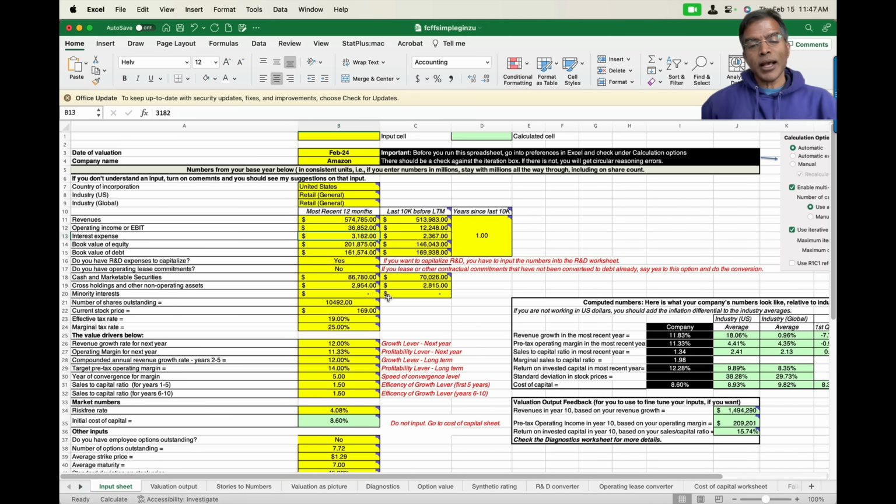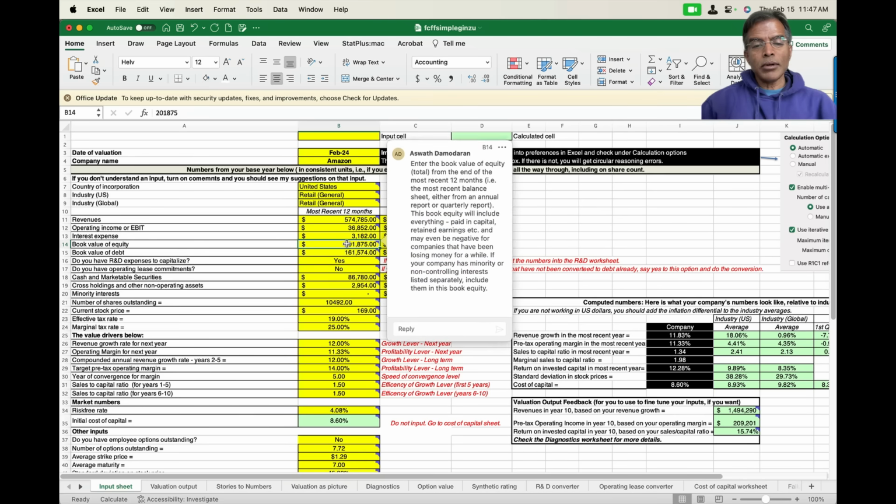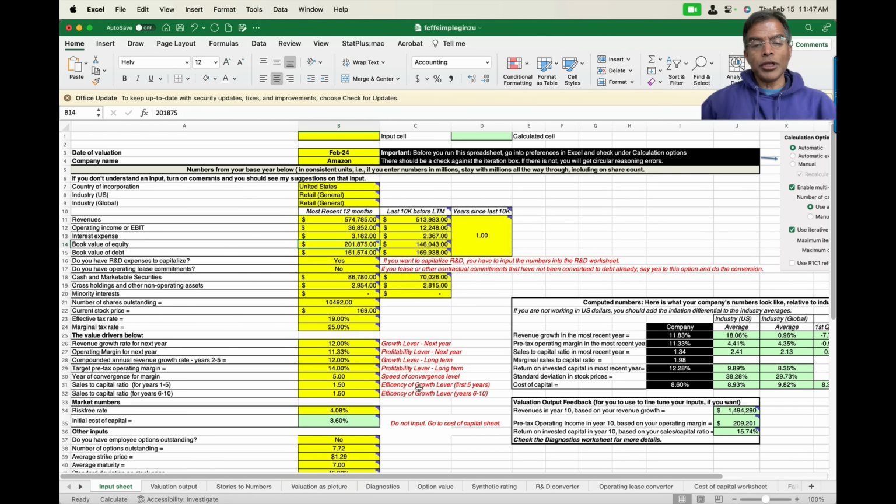Add those two numbers up for the most recent year, and again for the year before that. So basically, you're looking at the most recent balance sheet and the balance sheet from the last 10K. So in the case of Amazon, this is the shareholders' equity at the end of 2023 and at the end of 2022. Now, I have to warn you that some of your companies, you might find a shocking number, which is your shareholders' equity is negative.